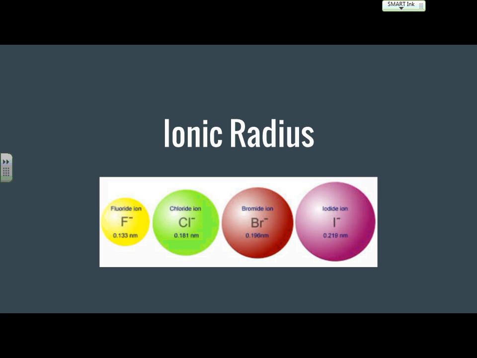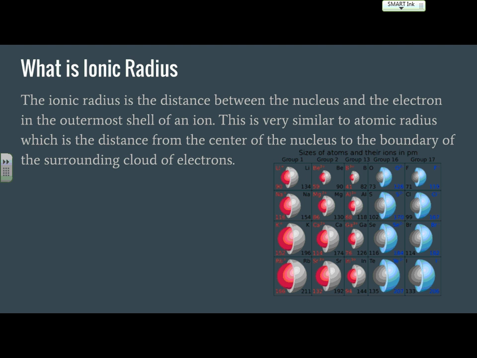Oh no. Okay. So our topic was ionic radius. The ionic radius is the distance between the nucleus and the electrons on the outer shell. It's actually very similar to the atomic radius trend-wise.